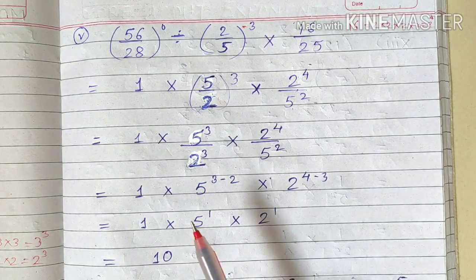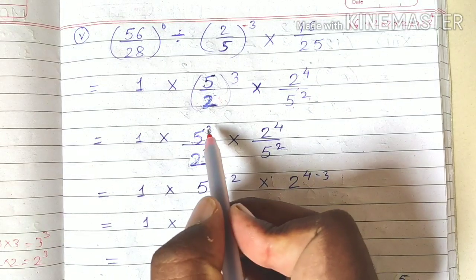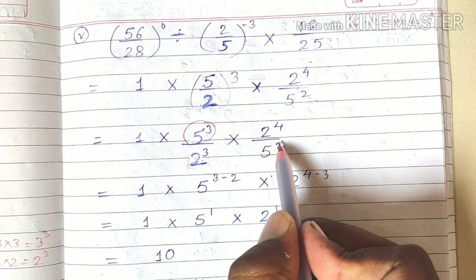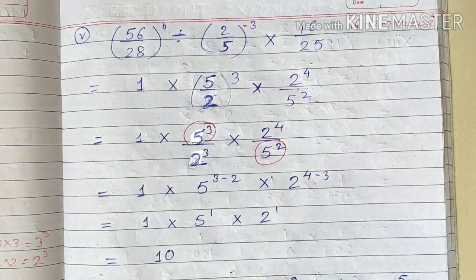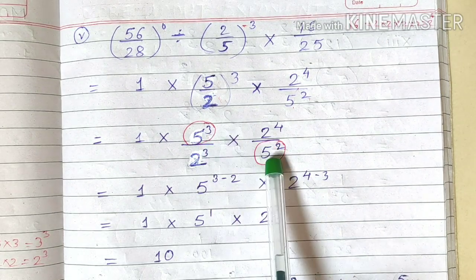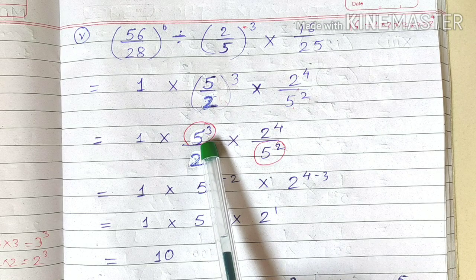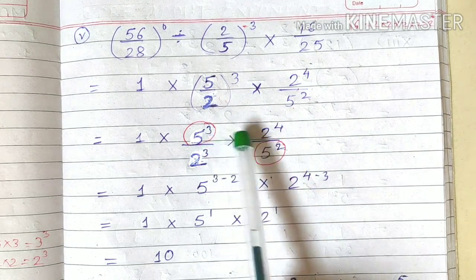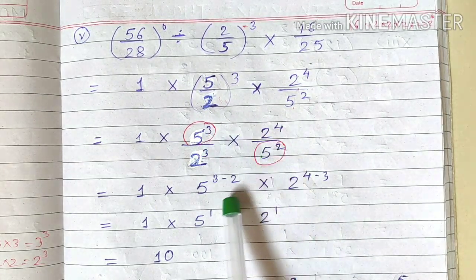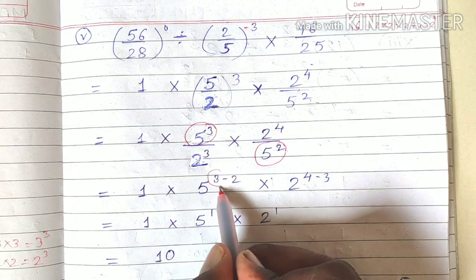Now let us find out where the same bases are. So 5 raised to 3 and 5 raised to 2. These are the same bases. Since both of these numbers are in the denominator, there will be the subtraction of their powers. So 3 minus 2, subtraction of the powers. Got it?